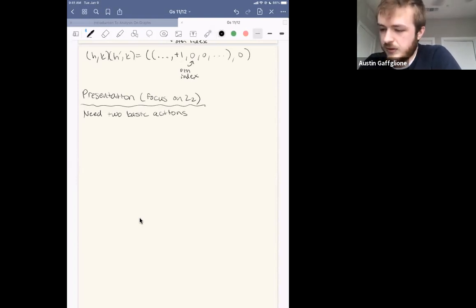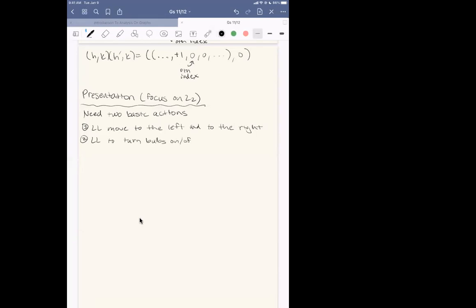First, I need the Lamplighter to move to the left and to the right. And then the second basic action I need is the Lamplighter to turn bulbs on and off. So you are defining the alphabet, right? Yes, yep.